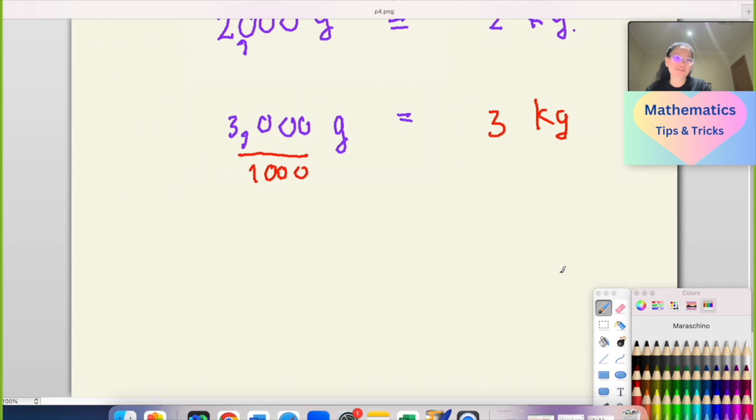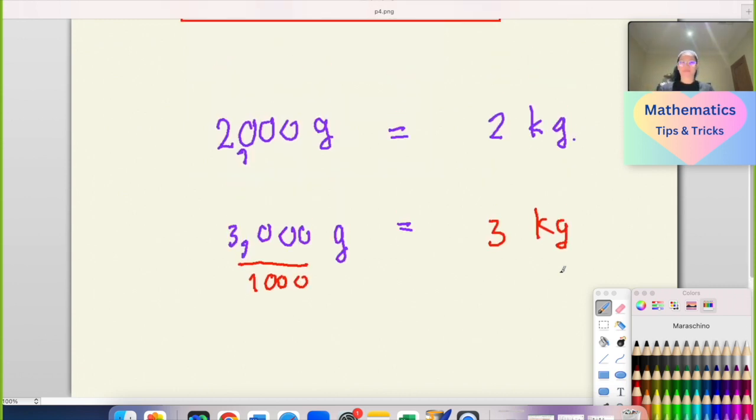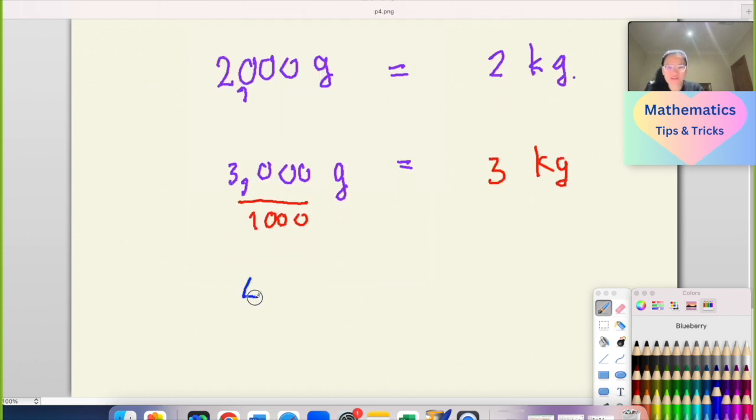Okay, I have another question to ask you. Can you write it down? We pick up the difficult question and work through it. How about if I have 4,000 grams, equals what? 4,000 divided by 1,000.